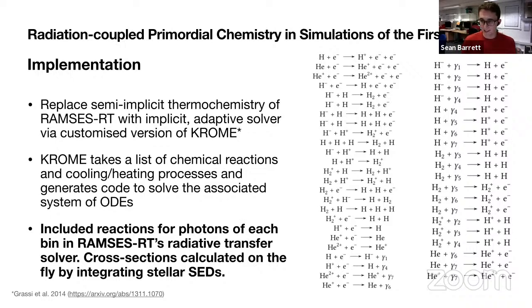And I'd like to draw particular attention to the reactions involving gammas with subscripts. These represent photons from each energy bin of Ramses-RT's radiative transfer solver. So photons of various energies are coupled directly to the chemistry in this way.